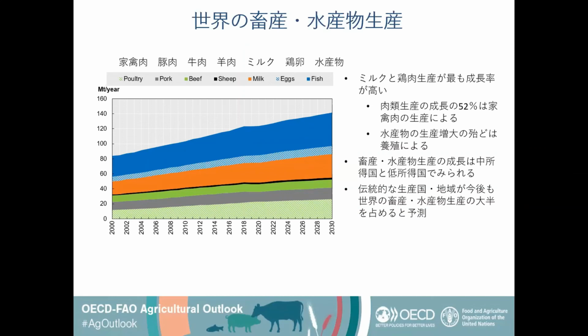And on the fish side, aquaculture is where the extra volume will be coming from. Capture production is held almost constant. As we saw before on the feed side, the traditional producers and regions will continue to be dominant in the global livestock and fish production. Next, please.